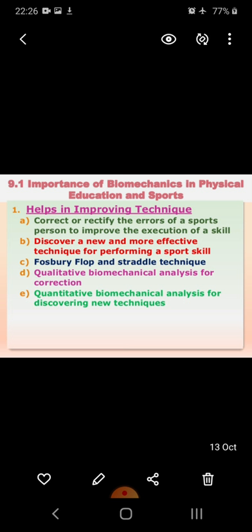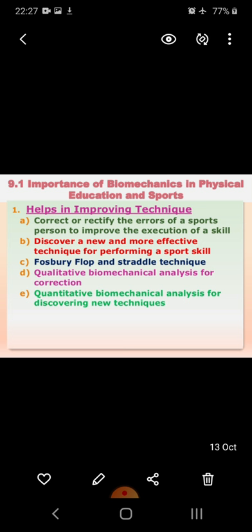The Fosbury flop is a technique of high jump developed with the help of biomechanics, and that technique helped him achieve extraordinary improvement in comparison to the straddle technique. For example, correcting an action or rectifying a technical error.